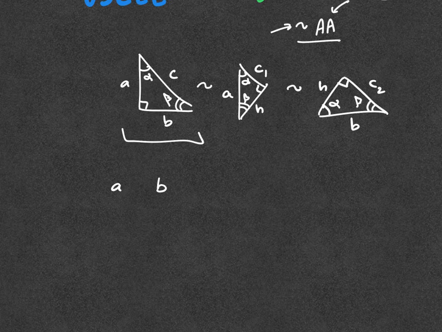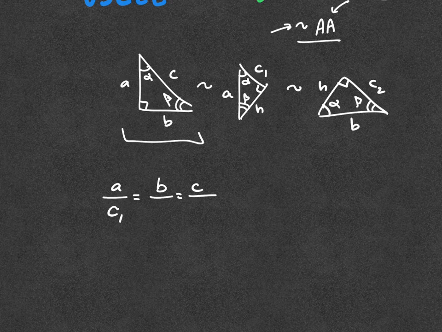So a and b and c. a corresponds to the side between alpha and the 90, which would be c1. b corresponds to the side between beta and the 90, which is h. And c, my hypotenuse, corresponds with the other hypotenuse, which is a. I'm going to hold fast on that.